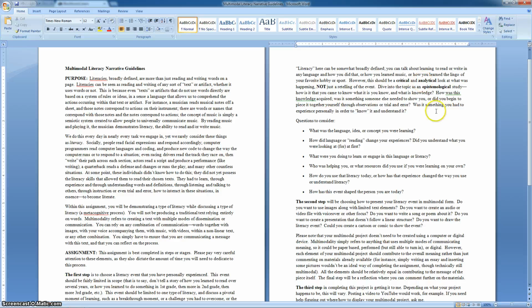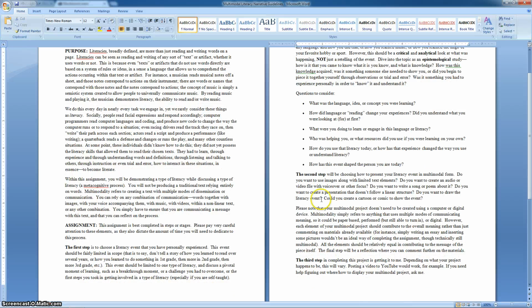It's really about your experiences acquiring a certain kind of knowledge, right? Tell me about that experience in some way, shape, or form. Some questions to consider to help you also brainstorm your topic, right? Those should help you if you're having trouble thinking of what literacy event you want to talk about.